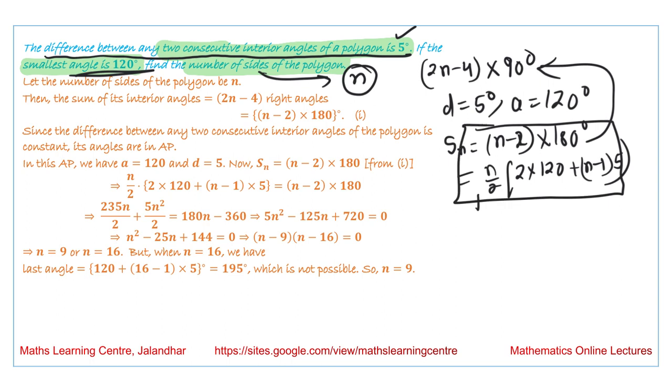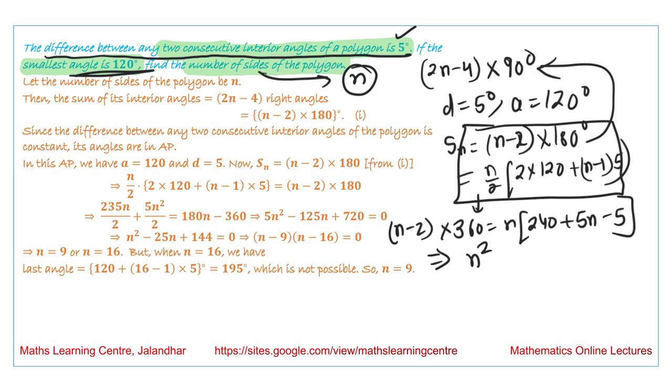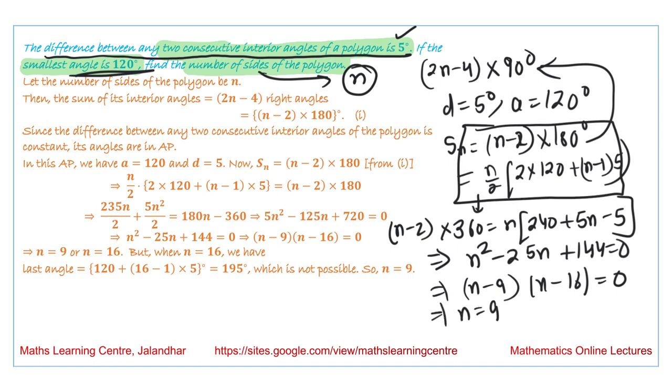On solving this, we obtain (n minus 2) into 360 equal to n into (240 plus 5n minus 5). This implies n square minus 25n plus 144 is equal to 0, so (n minus 9)(n minus 16) is equal to 0. This gives n equal to 9 or n equal to 16.